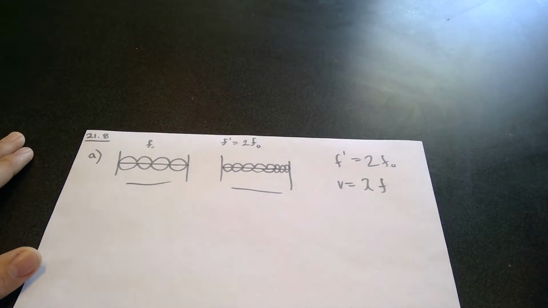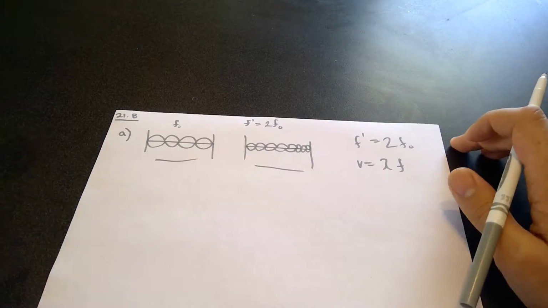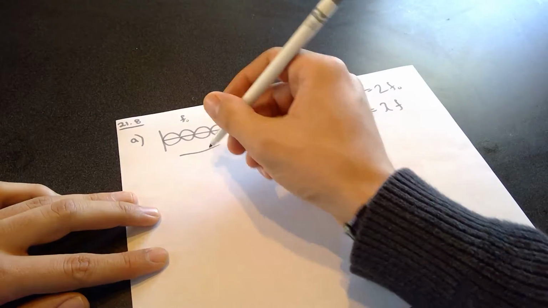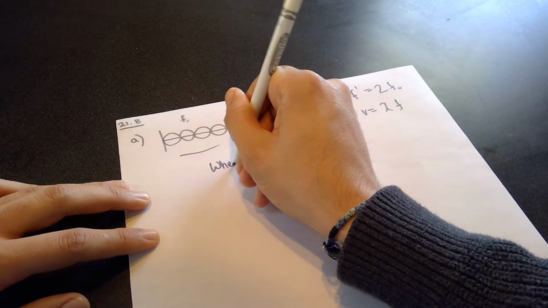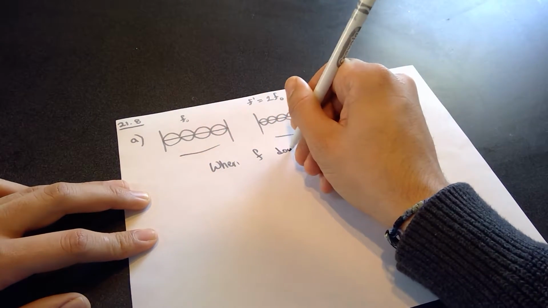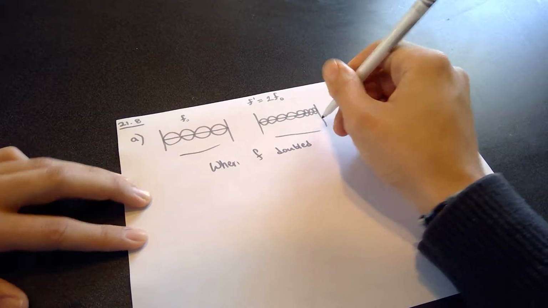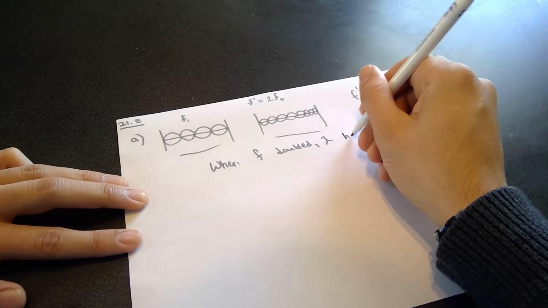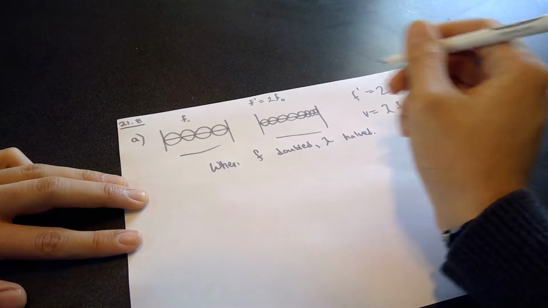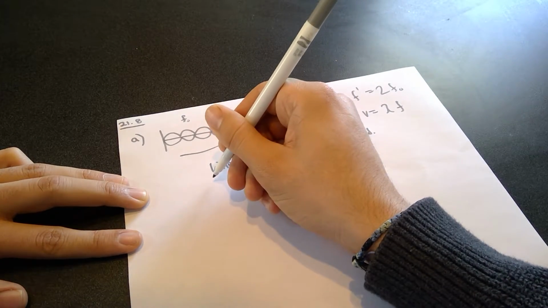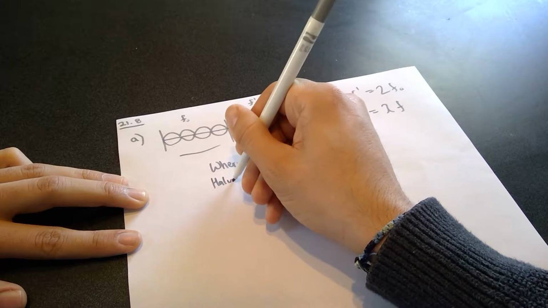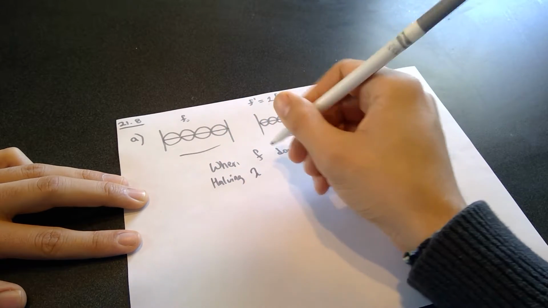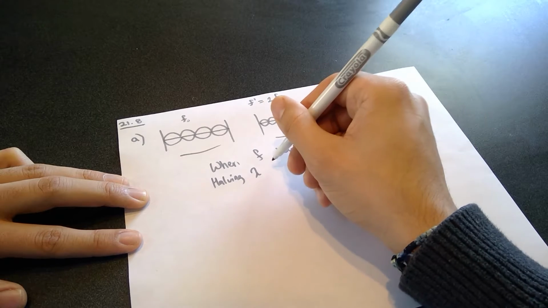There's more waves per length. So when your frequency is doubled, your wavelength is halved. And as a result, halving your wavelength will double the amount of antinodes you have.